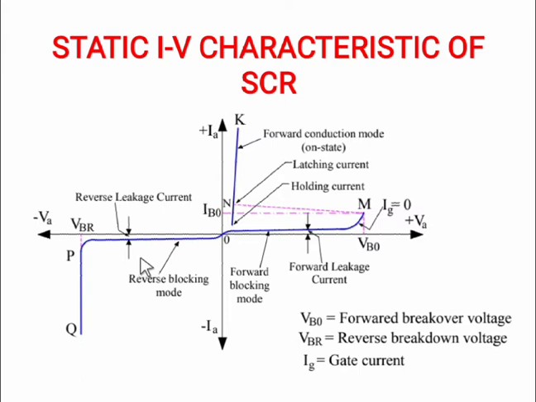But if we increase this reverse voltage above VBR, the reverse breakdown voltage, the SCR's reverse bias region will break down and the SCR will turn on. This is avoided because at this reverse bias breakdown there may be a chance of permanent damage to the SCR. So we have to avoid these conditions.